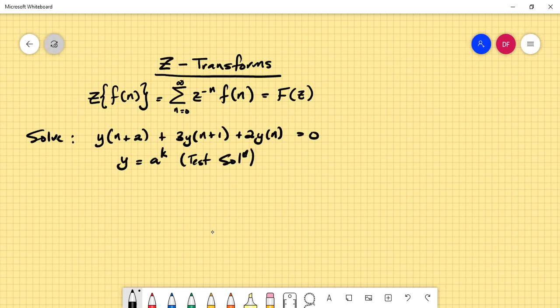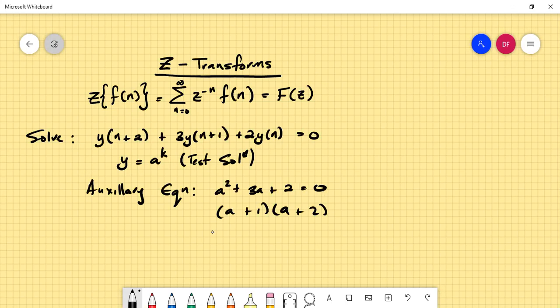We would have ended up with the auxiliary equation a squared plus 3a plus 2 equals 0, which gives us (a plus 1)(a plus 2) equals 0.